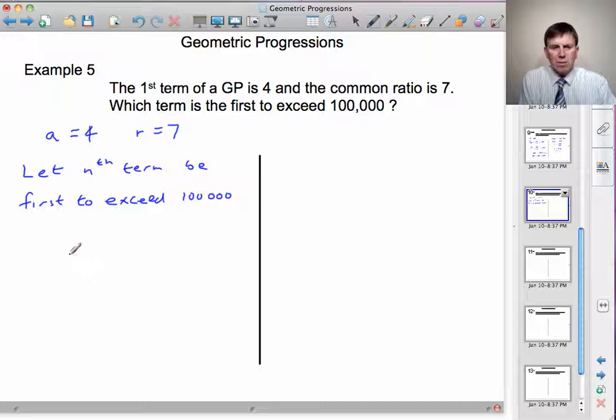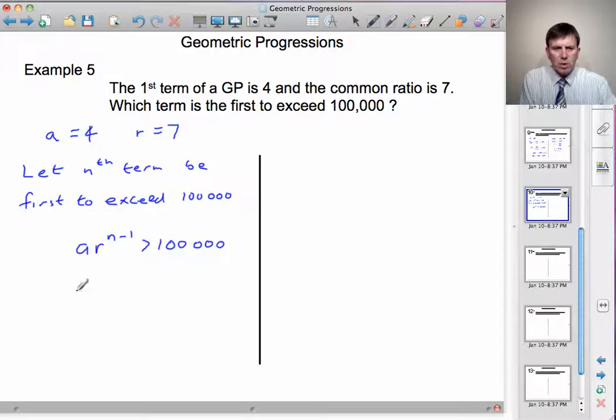Well, the nth term is AR to the n minus 1. So AR to the n minus 1 has to be bigger than 100,000. And it has to be the first one that's that big. So we'll get an inequality in n. And that's what I'm trying to find, n, because n is the first term exceeding 100,000.